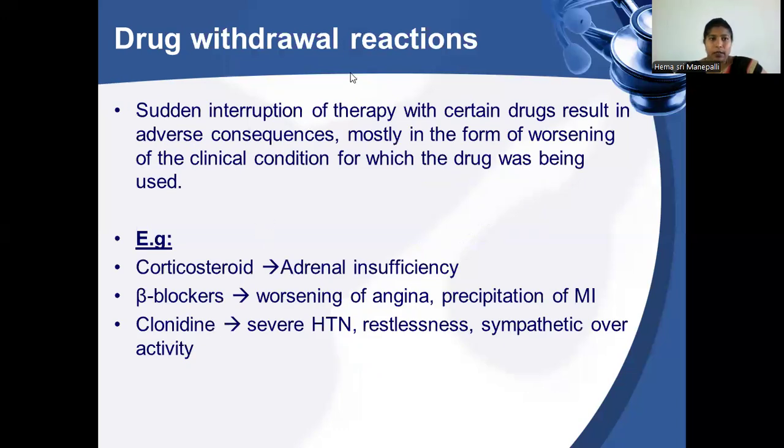Next one, drug withdrawal reactions. Sudden interruption of therapy with certain drugs results in adverse consequences, mostly in the form of worsening of the clinical condition for which the drug was being used. Okay, so there is a sudden interruption of the therapy. So if they are removing the drug suddenly, generally there will be some reaction.